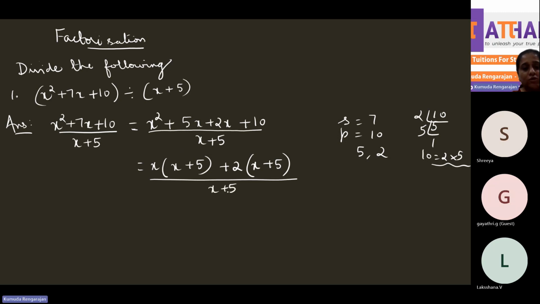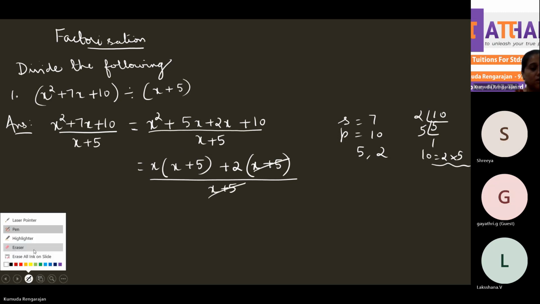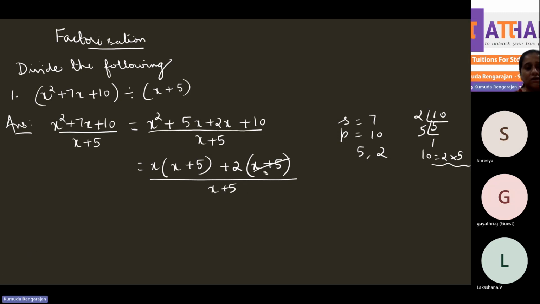Now don't be in a hurry to cancel x plus 5 and x plus 5. You cannot cancel like this because there's a plus sign in the middle. Supposing you have 4 plus 5 by 4, you cannot cancel 4 and 4.